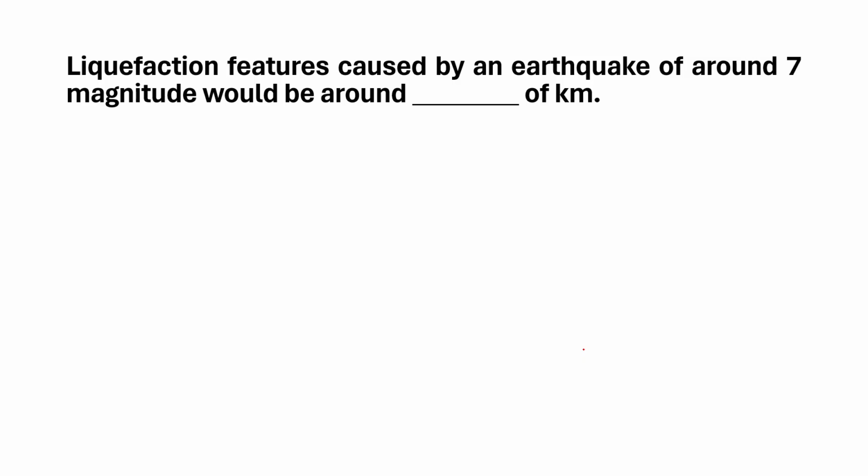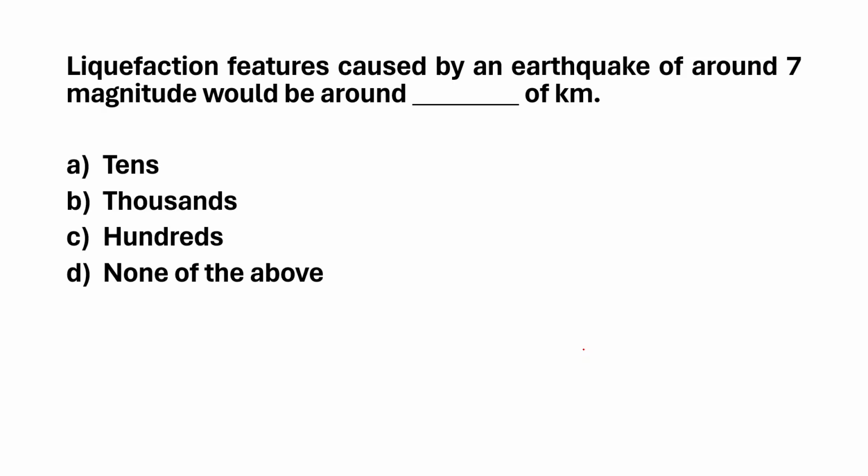You can think of this in terms of that amplitude increase that I had discussed. I can give you the options also: tens of kilometer, thousands of kilometer, hundreds of kilometer, or none of the above.